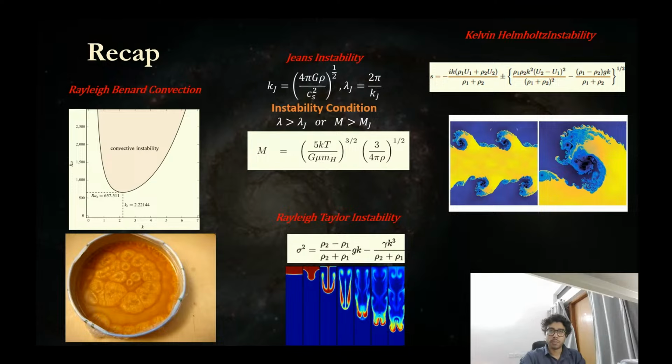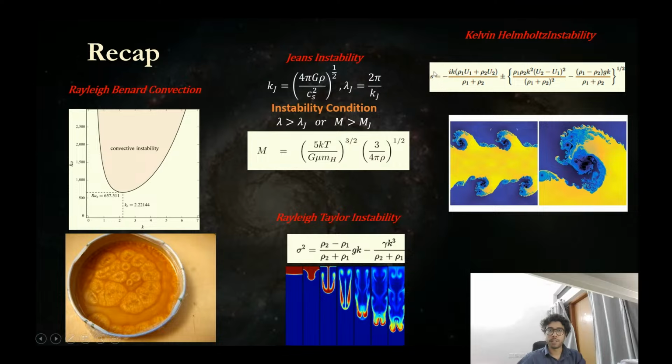If you can imagine two layers of fluid moving past each other, one with higher velocity, another with lower velocity, then there is shear between the two layers, and that shear is causing these structures, right? If you zoom in on the structures, you'll see even finer structures over this. These are vortical structures, which are typical of this Kelvin-Helmholtz instability.